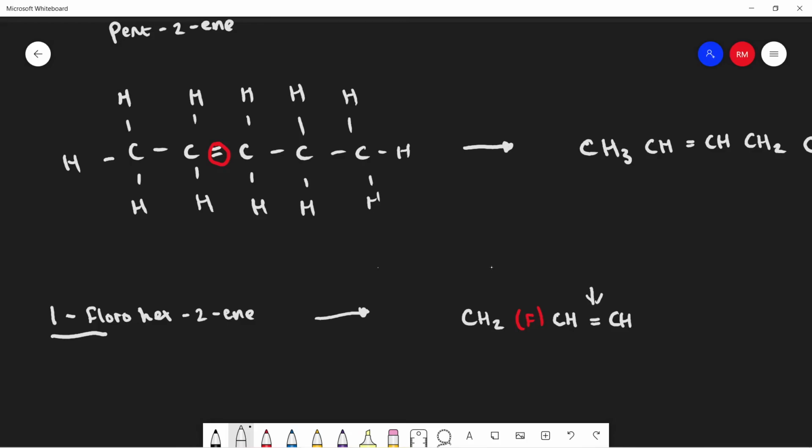Now we should then have the rest of our organic compound here. So we use 1, 2, 3. So we're going to have another CH2. So we can just do CH2, 2, and CH3. So we've got our 1 carbon, 2 carbon, 3 carbon, 4, 5 carbon, and our 6 carbon here.